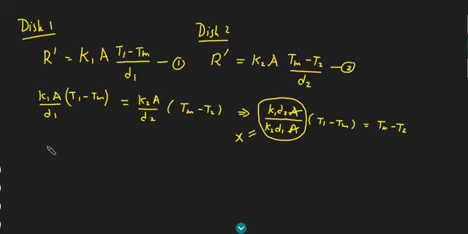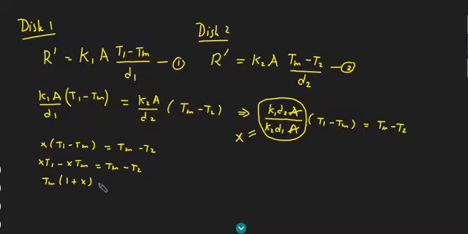So as a result, the equation becomes x times (T1 minus Tm) equals Tm minus T2, and then I can distribute the x. I'll have x T1 minus x Tm equals Tm minus T2. Now I'll solve for Tm. So when I solve for Tm, I'll have Tm times (1 plus x) on one side, and on the other side I'm going to have x T1 plus T2.